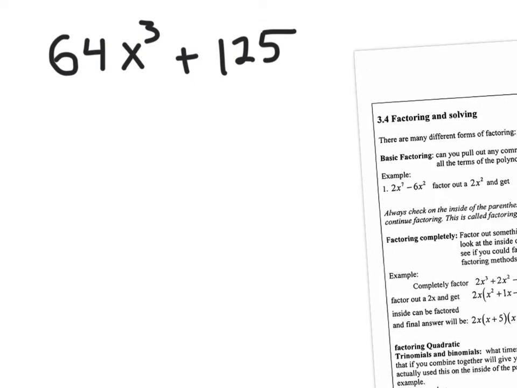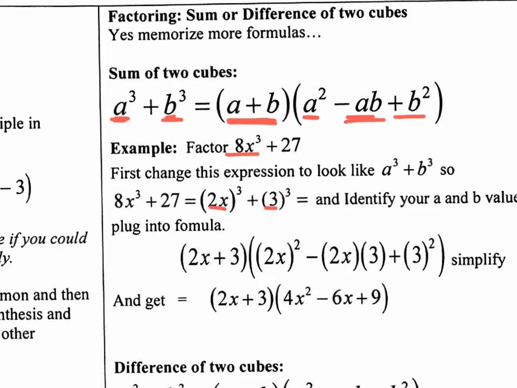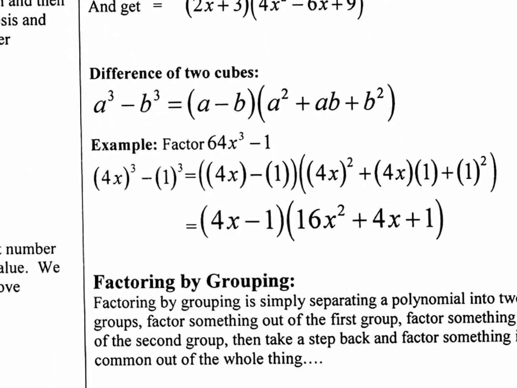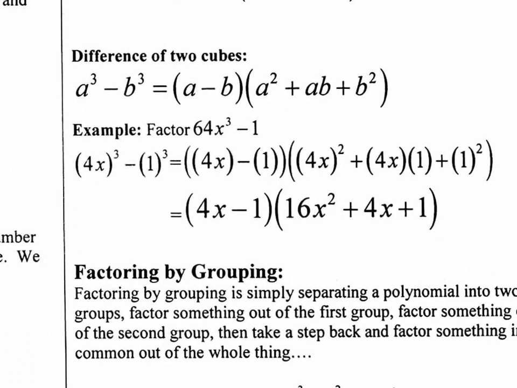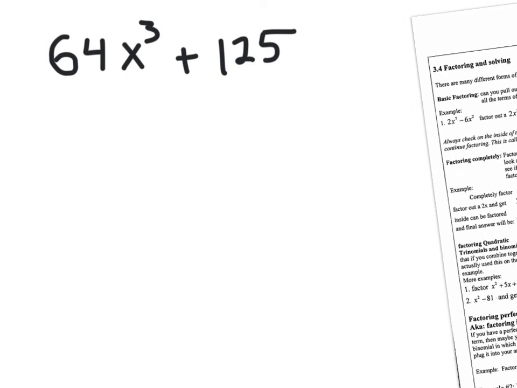By the way, let me just jump back to here real quick. This is the sum of two cubes formula right here. And we already went over that, but there's also the difference of two cubes formula, right? What's different is that they actually have a subtraction symbol. So it's two perfect cube terms being subtracted. In this example, we're going to be using the sum of two cubes formula.